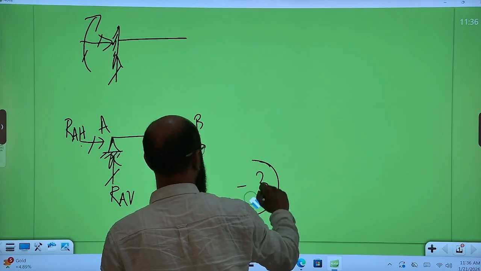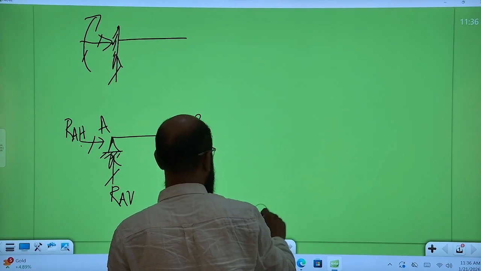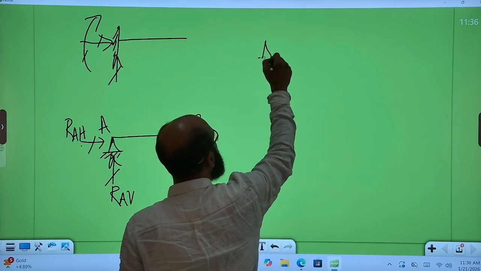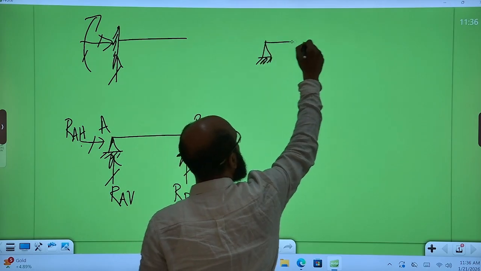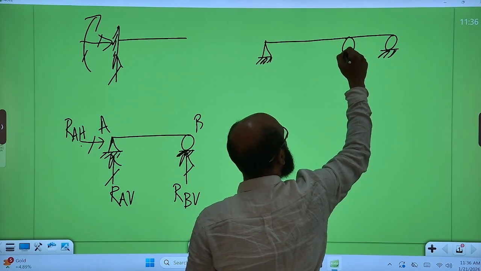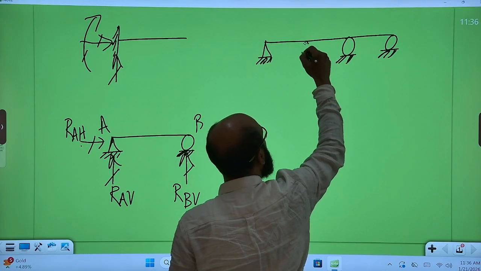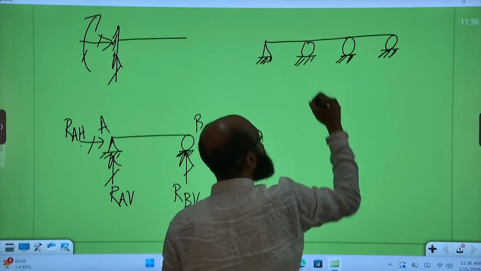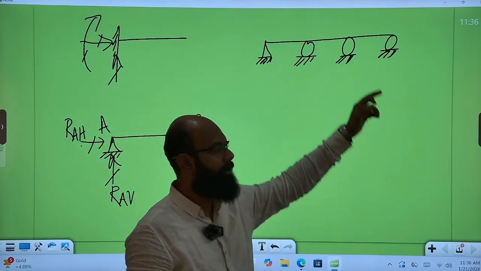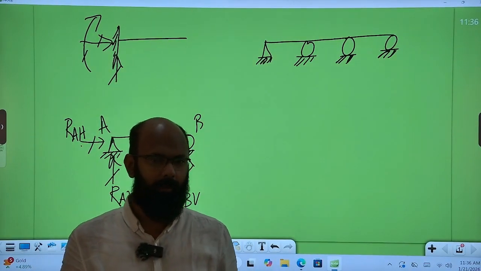Now let me draw a continuous beam, where multiple supports could be there. You can see there are three spans of this particular beam.